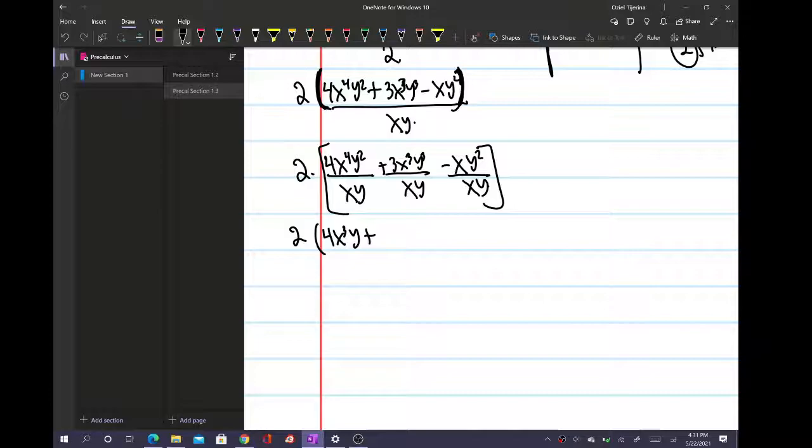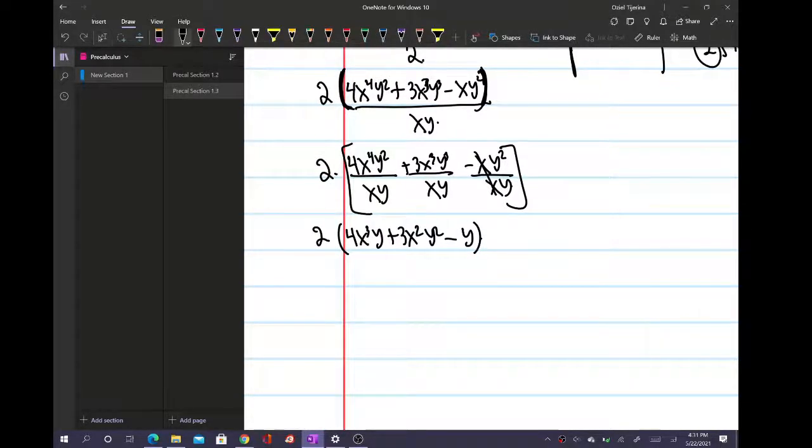So basically, I can say the following, right? 2 times 4x cubed y plus 3x squared y squared, and then minus x, or rather, since this x cancels out, I can just say minus y, right?